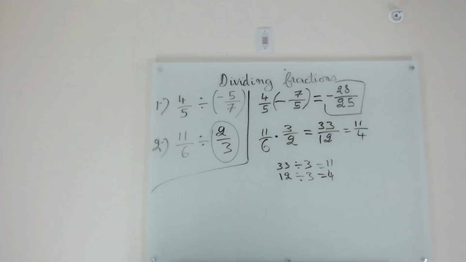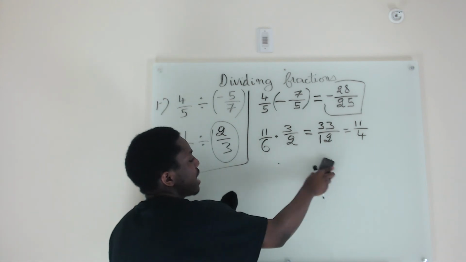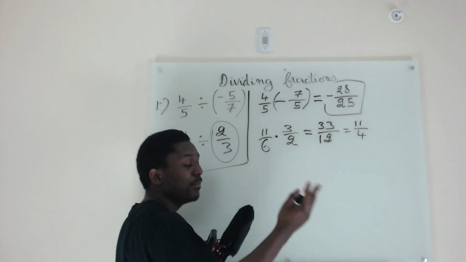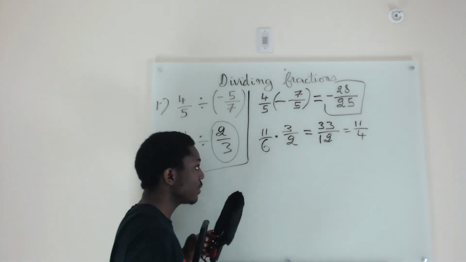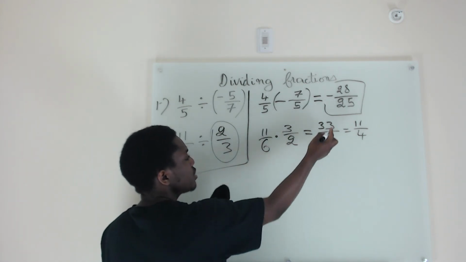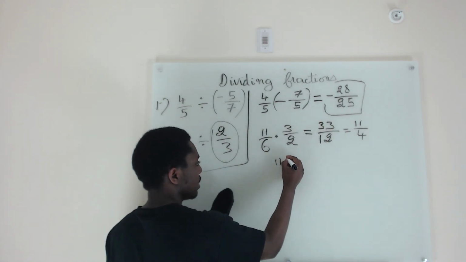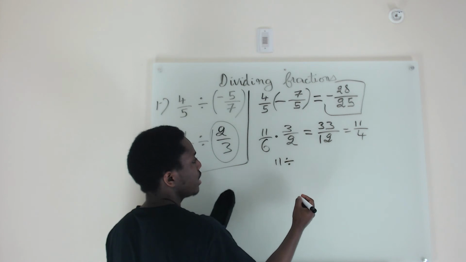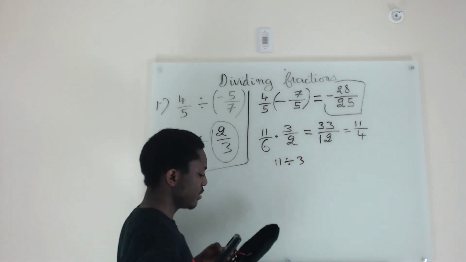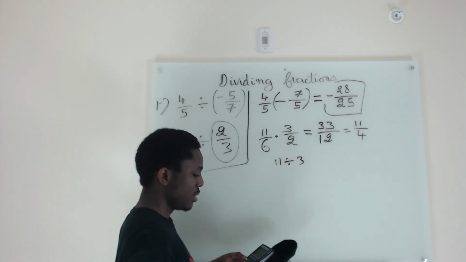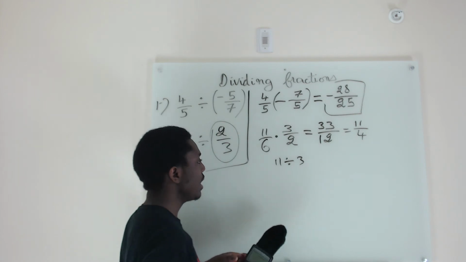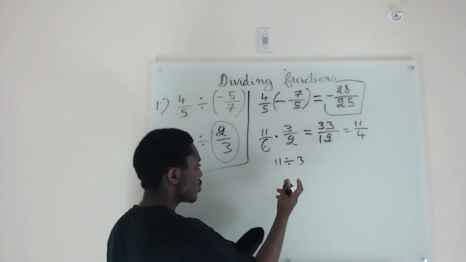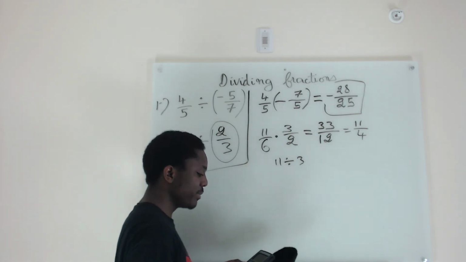I always have to try if I can simplify it any further. So I take the top again and I divide by 3, for example. It's a decimal, which means 3 is not good. So I try 4.